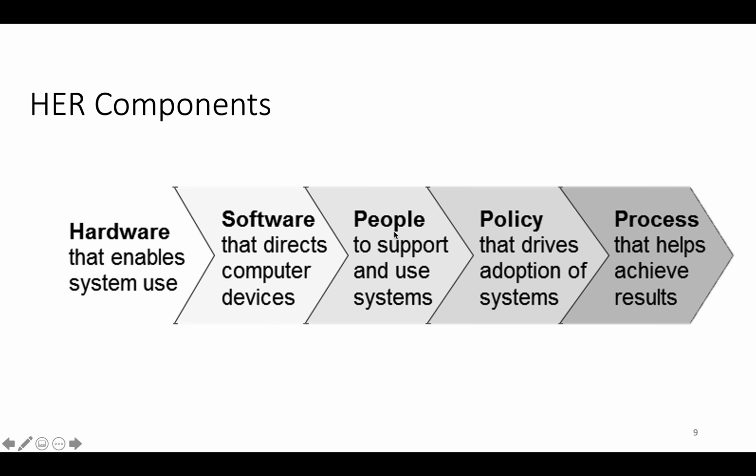So to create a system where EHR works well, you need hardware, software, and you need people to support the use of the system, and you need the correct policies within the hospital that really drive the adoption of the system, and you need to change the processes. Most of the time, implementing systems like EHR and digital systems will result in change in the workflow.